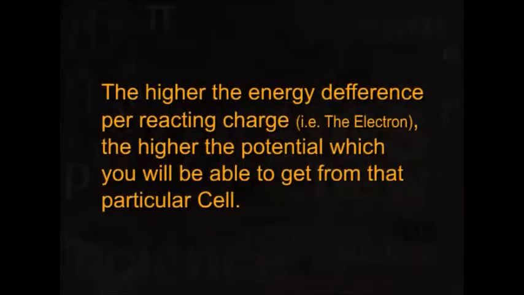This is the source of energy inside the cell which will make the pushing of the charge from lower potential terminal to the higher potential terminal. The higher the energy difference per reacting charge, that is the electron, the higher the potential which you will be able to get from that particular cell.